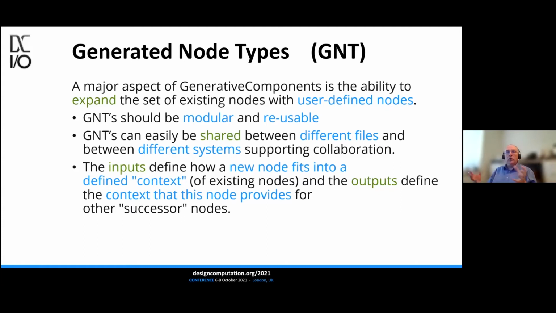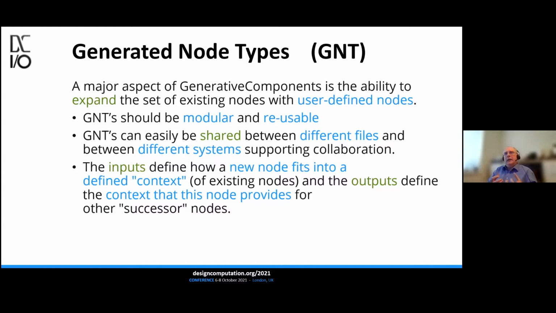So we were looking at node types, and we were using the standard delivered nodes like place line, place point, etc. But there will come a time where you have a design situation that you're going to use frequently, or you want to build a component, your own node type, that you want to use inside another script.